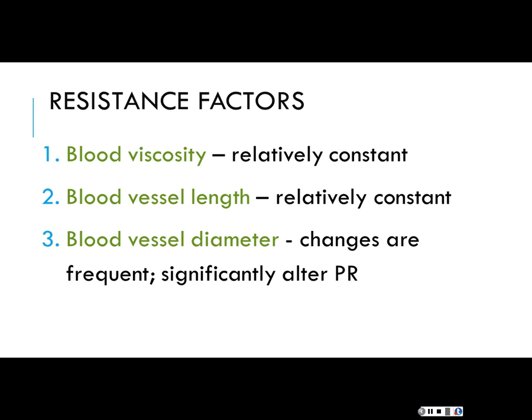Which state causes more resistance? A blood vessel that is what? Constricted or smaller. So if a blood vessel's diameter, the lumen, is smaller, the resistance is elevated, and our blood flow is less.